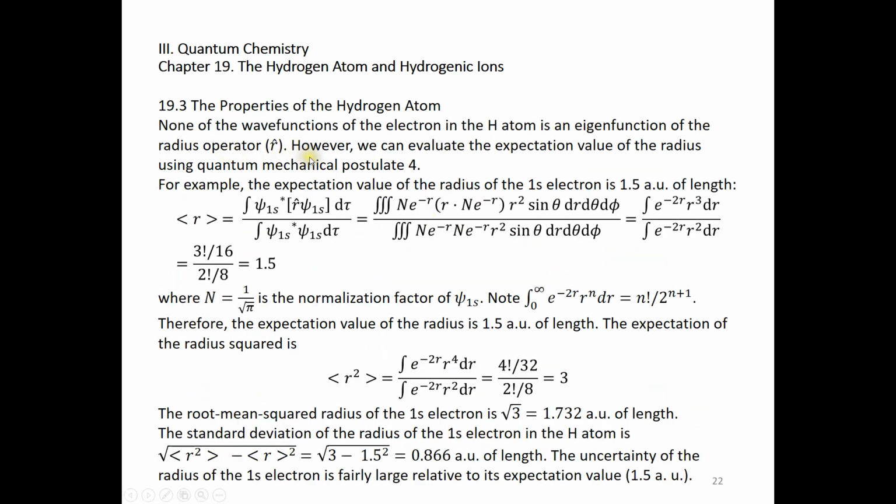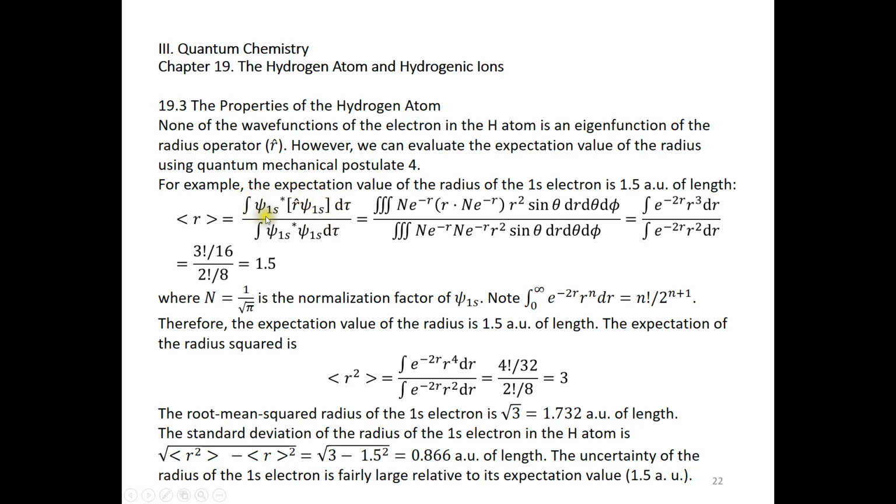Well, now the wave function of the electron in the hydrogen atom is not an eigenfunction of the radius operator. So we will never know the exact radius of the electron in the hydrogen atom. We can, however, evaluate the expectation value of R, the radius. On top we have the integral of the complex conjugate of the wave function, and then the operator applied to the wave function.